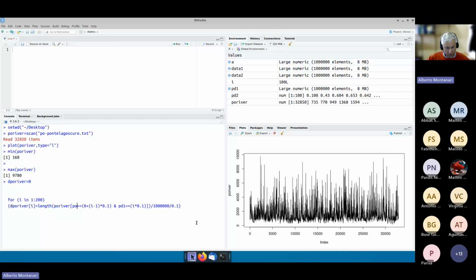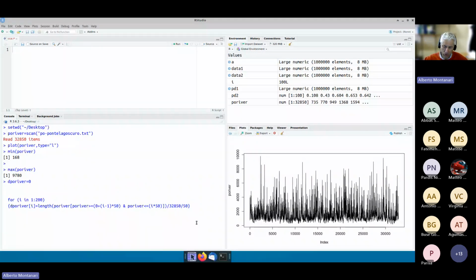Here I have to put per river is greater than 50, the length of the interval, and per river is here again 50. Now I have to put 50 here, 50. And here it's not 1 million, but if I well remember, it is 32,850, the length of the vector per river. I think this should be fine.